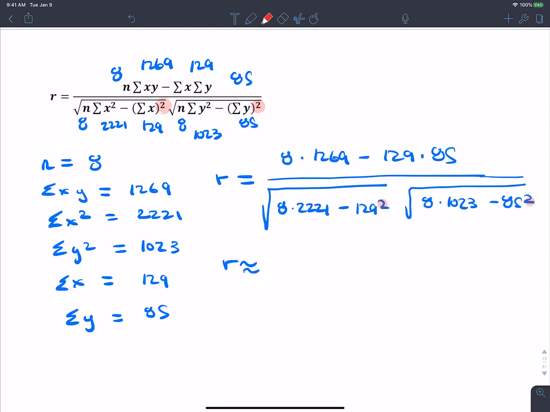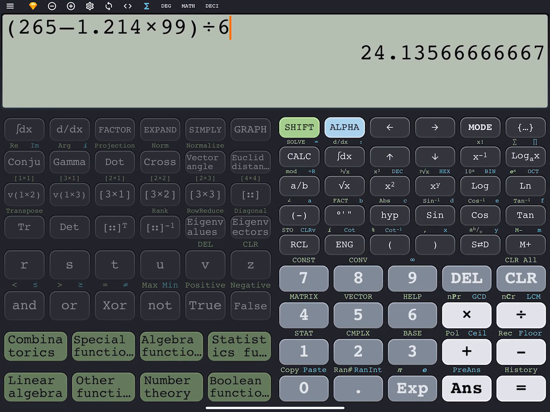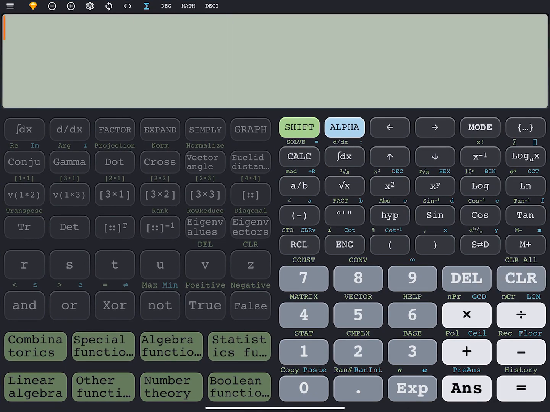All right, we're going to punch this in the calculator now. Okay, what's in my numerator here? We're going to compute that. 8 times, what's sum xy? 1269. Okay, minus, what's sum x and sum y? 129 is sum x. And sum y is 85.